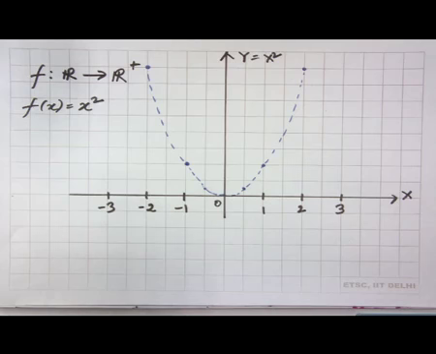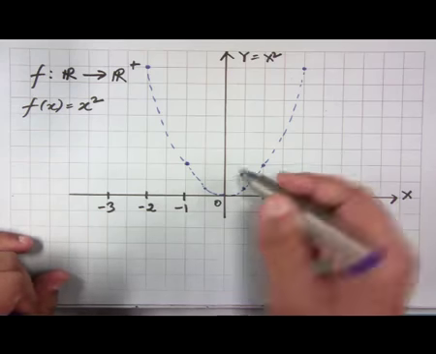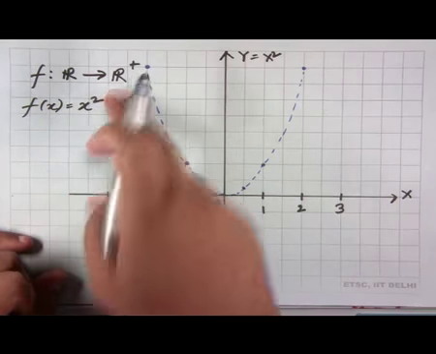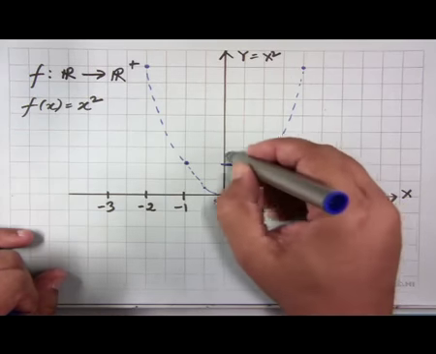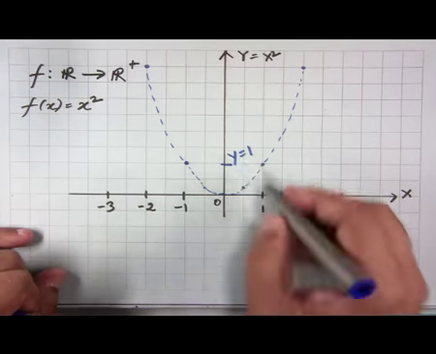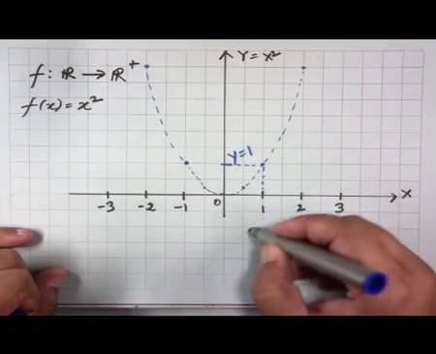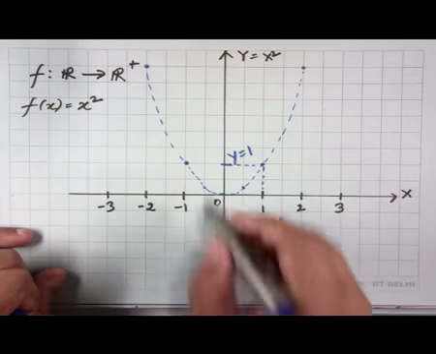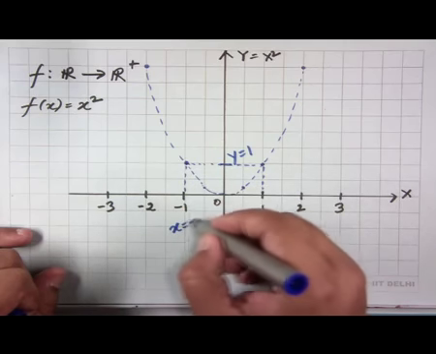Now, as you can see here, for any value of y in the range of this function f, let us take, for example, y equal to 1. For y equal to 1, we see that there are two values of x. One is x equal to +1, and then there is another value of x which is x equal to -1.